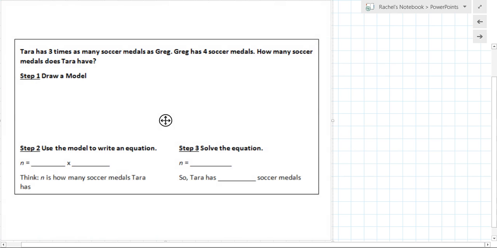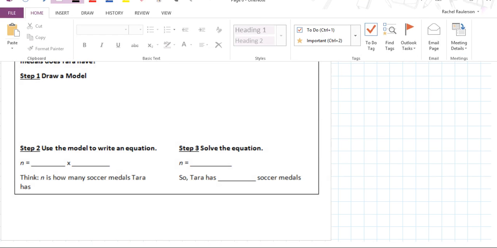In students' notebooks, they have this example, and they've glued it into their spiral. We've done this together step-by-step as a whole group, and so they should have this drawn similarly to what we'll do now. So Tara has 3 times as many soccer medals as Greg.